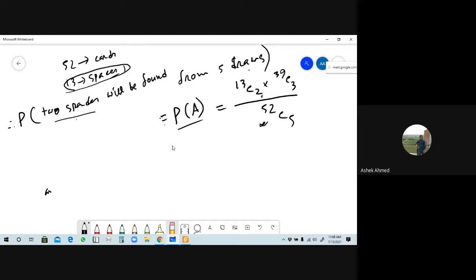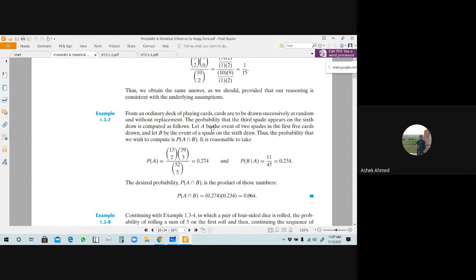Okay, and next is the probability of the third spade appearing. Now from here we can say that B is the event, B is the event of a spade on the 6th draw. Okay, you can say that B is the event of a spade on the 6th draw.